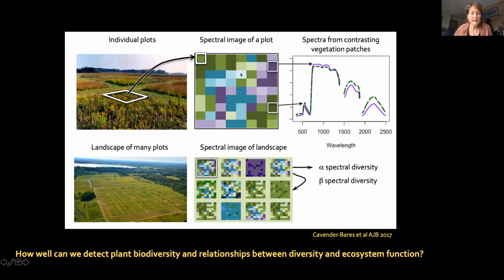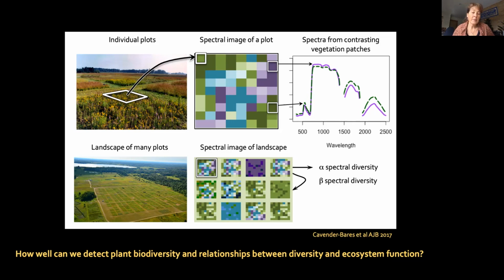In each one of these plots, airborne imagery will get a number of different pixels. And I've just tried to show a cartoon of that here, and then you can see each pixel will have a different reflectance spectrum. With airborne imagery, some parts of the spectrum you can't get signal because of the atmosphere, and so those are removed from the spectrum.